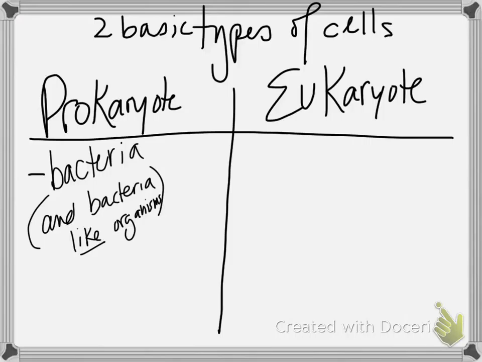So prokaryotes are bacteria and bacteria-like organisms. And you know what their cells are like? Stupidly simple. They have basically three things. Well, four if we count cytoplasm.